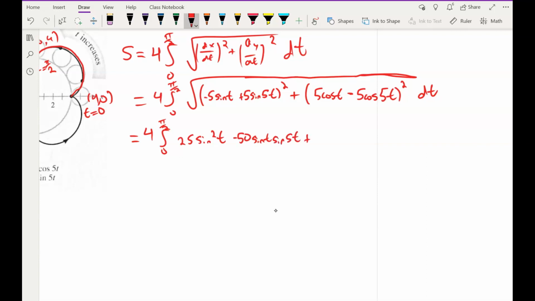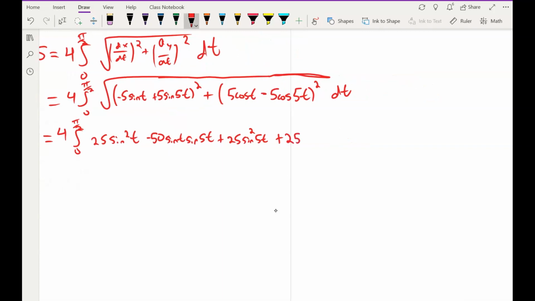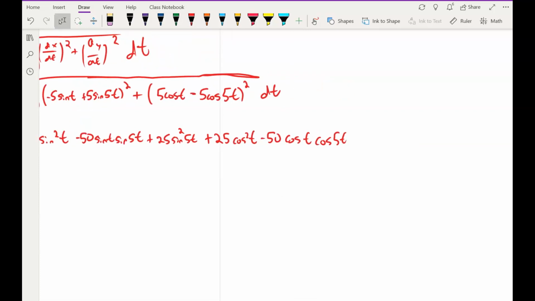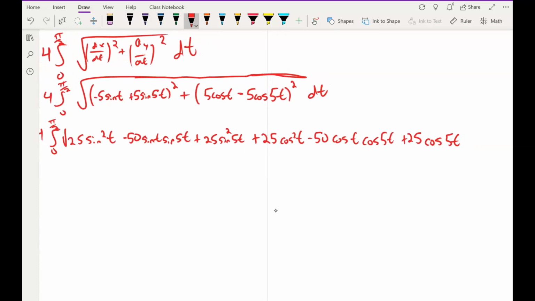Plus that last term squared is going to be 25 sine squared of 5t. Then I'm adding this part. We're going to expand this binomial now, and that should give me 25 cosine squared of t minus, again, 2 times the product of those things, which gives me minus 50 cosine of t cosine of 5t. And then lastly, that last term squared is going to give me a positive 25 cosine squared of 5t. And don't forget this is all underneath a radical, which is what makes this tricky.